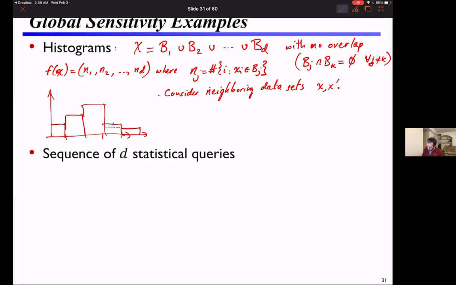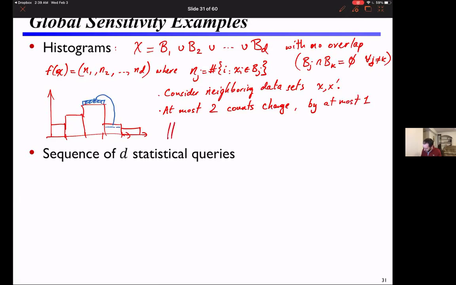In the worst case, we're moving it to a different bin, so maybe it's going over here. But in either case, at most 2 entries change, and they change by at most 1.